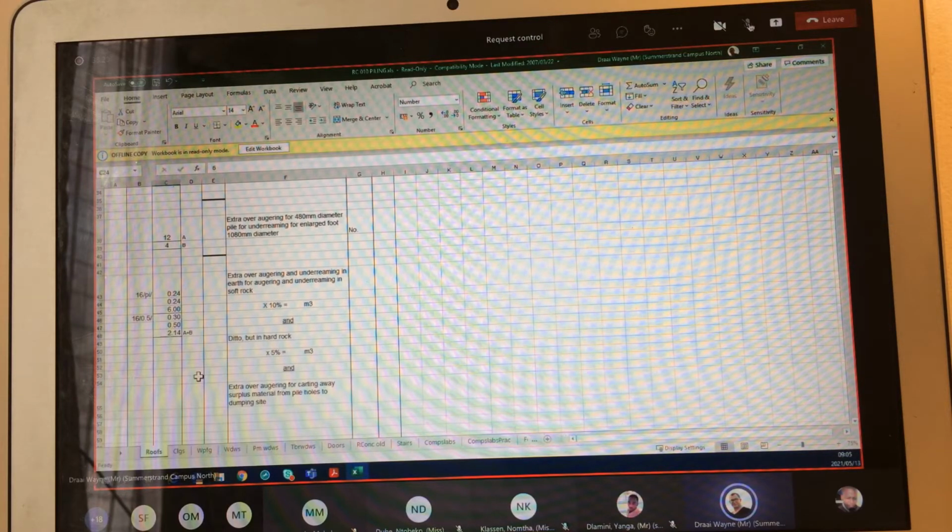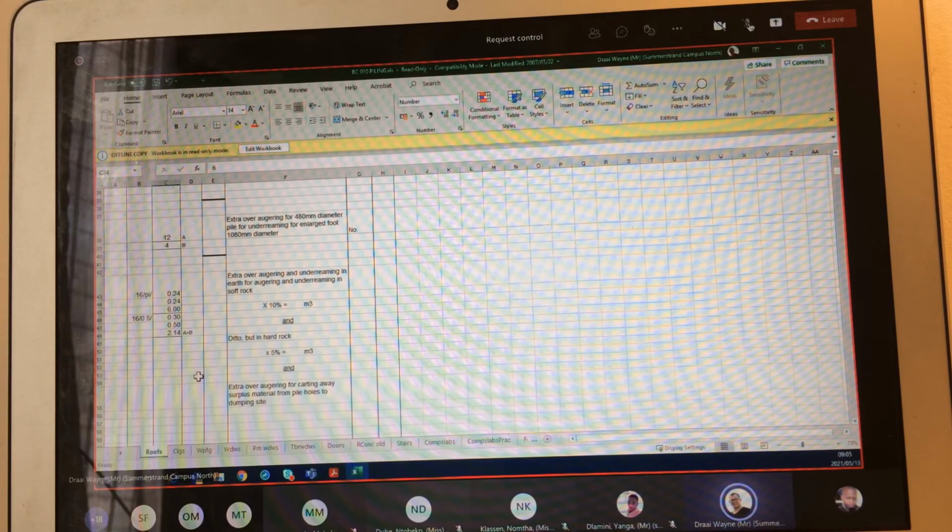Extra over augering and under reaming in earth for augering and under reaming in soft rock, because remember that the specification said that we had to allow for 10% for soft rock and 5% for hard rock excavation. Is it our concern how the contractor will do that? It is not our concern.